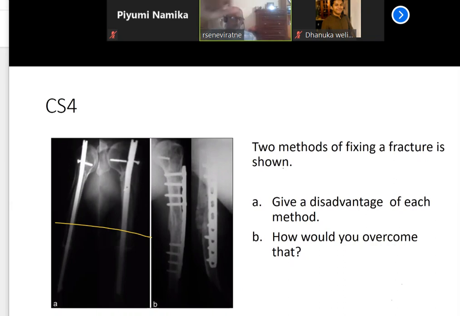So you can have rotational malunion, and it can be a problem later, okay? And the plate, the problem is the plate is a bit weak. So it can break, and if your patient tries to do some more work, it's not very strong. After it heals, it's okay, but up to complete healing, it is weak.